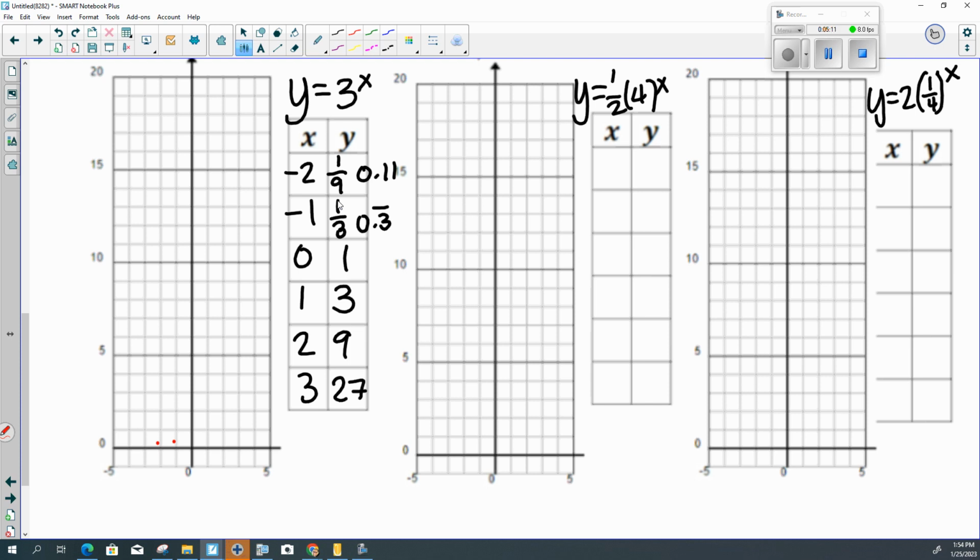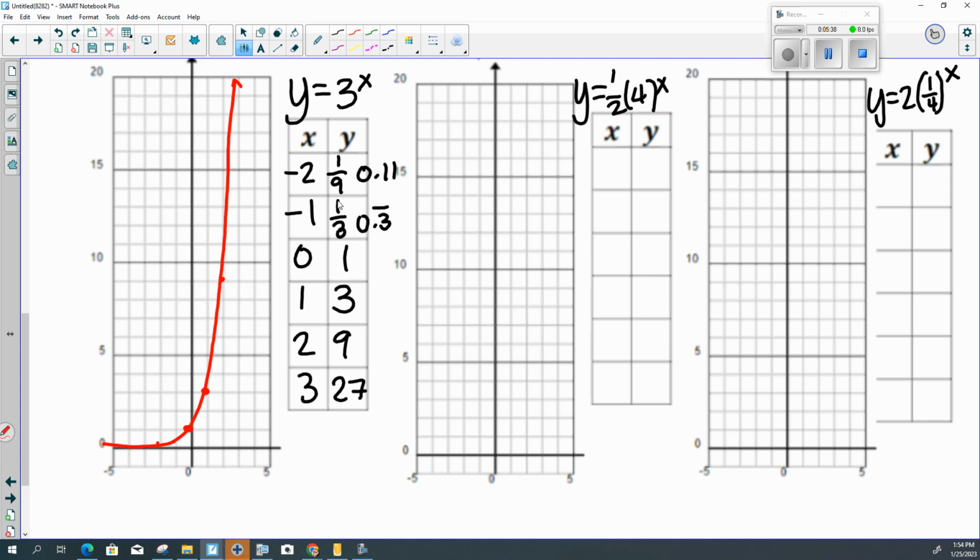It hovers just above it, and then will shoot up. The y-intercept is (0, 1), and then (1, 3), (2, 9), and I don't think we can go to 27. And I found that I'm horrible at drawing these on my paper, but for some reason, they're half decent on the board. I cannot draw them on the paper.